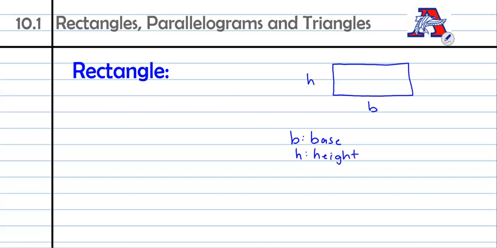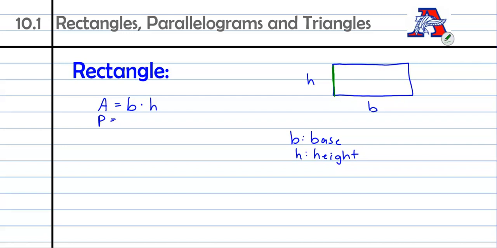And for formulas, the area of a rectangle is base times height. And the perimeter, remember, is the distance all the way around. So what you could do is you could just add up all the sides. Once we get into an example, you'll see it. We can just add up all the sides. Or we can do it this way. We can take a little bit of a shortcut.